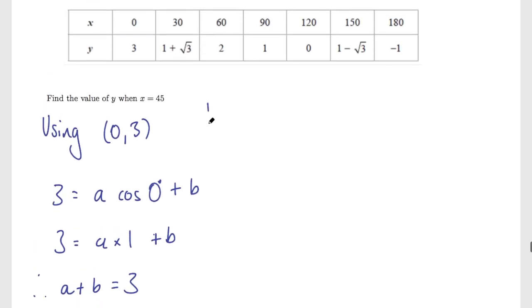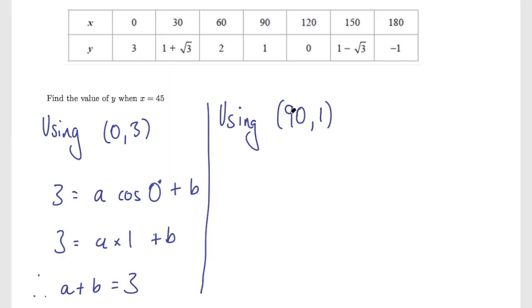So the next one I said I'm going to use is (90, 1). So using (90, 1), 1 equals a cosine 90 plus b. Now the cosine of 90 is actually 0.